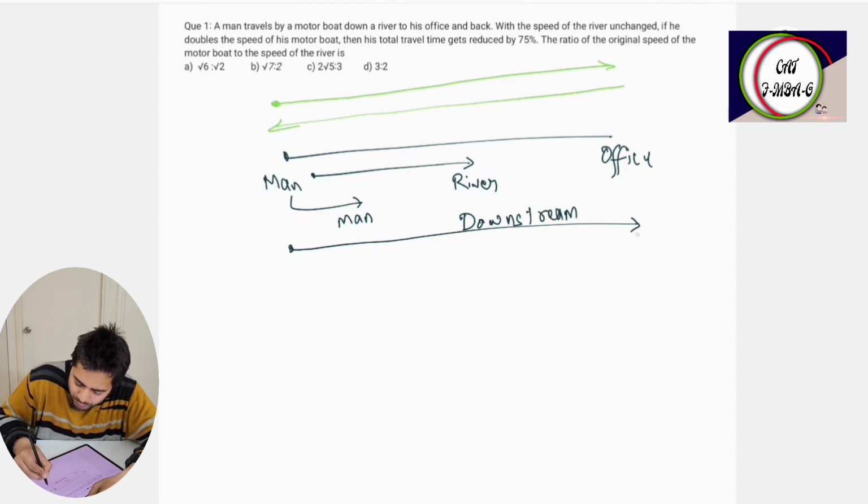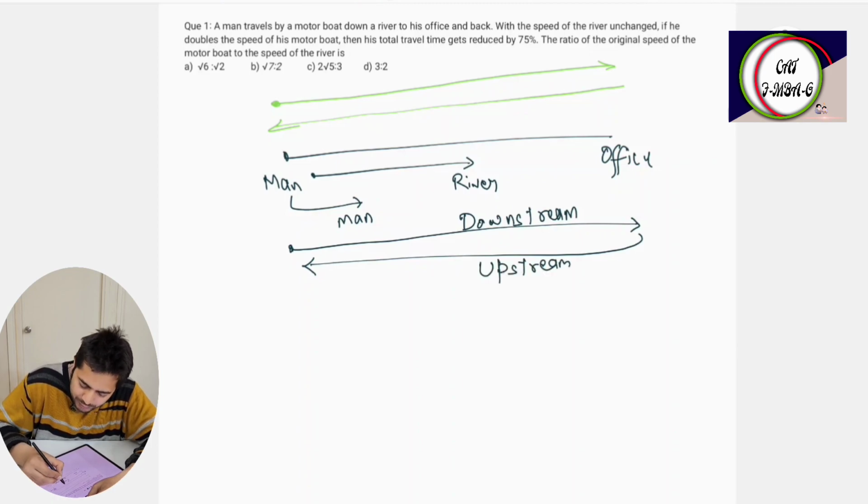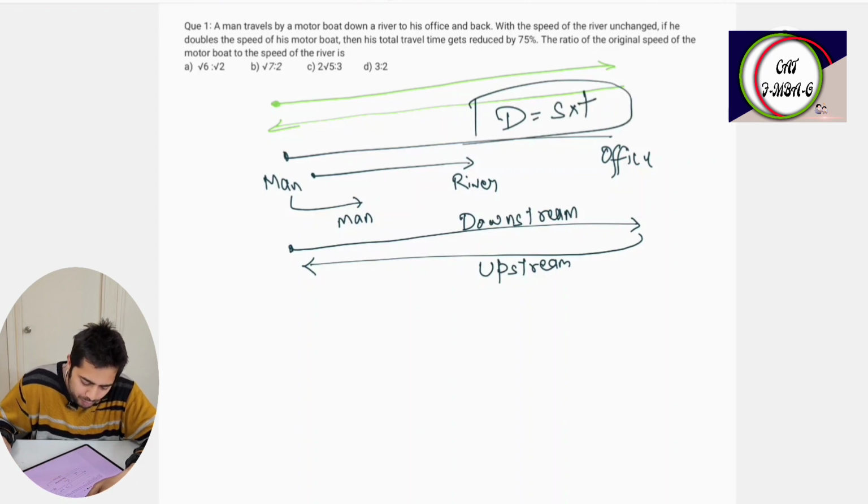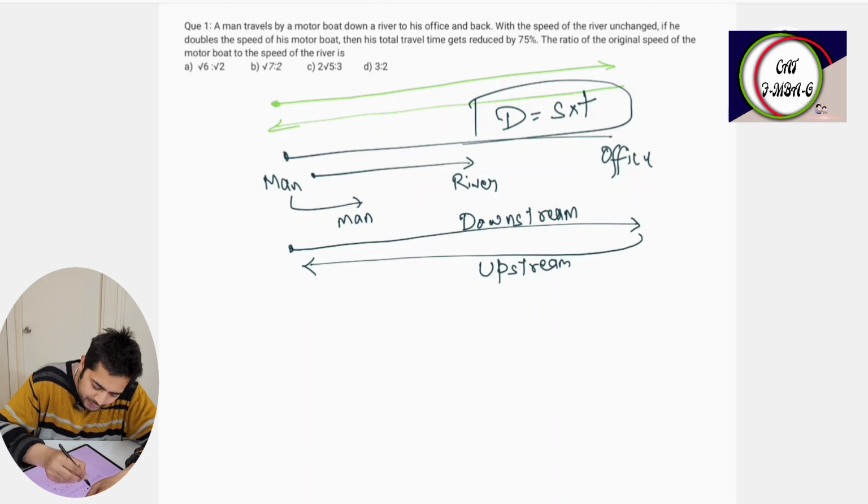And when the person is going from office to home, this is going to be upstream. And distance is equal to speed into time. Remember this simple formula also. So let us say the distance is d.